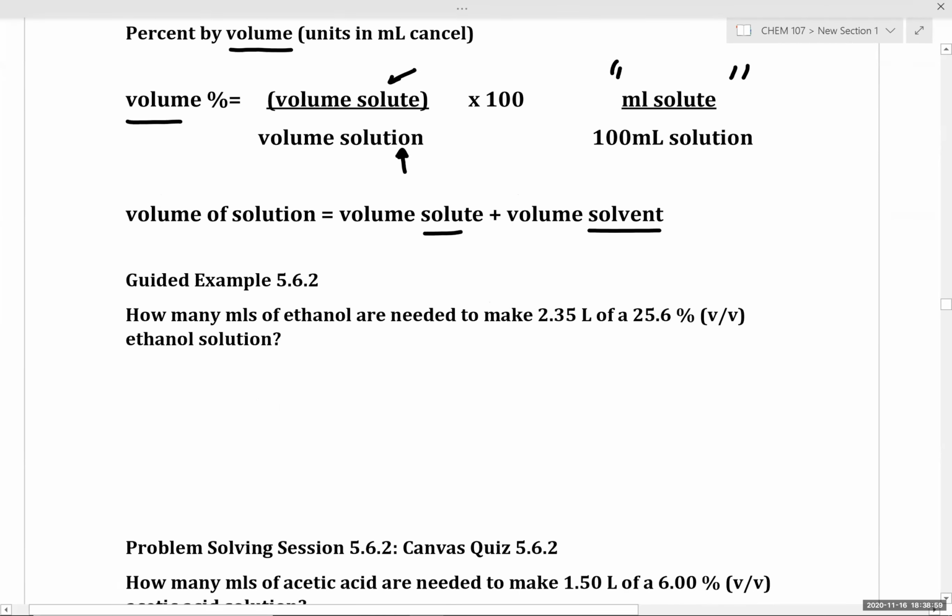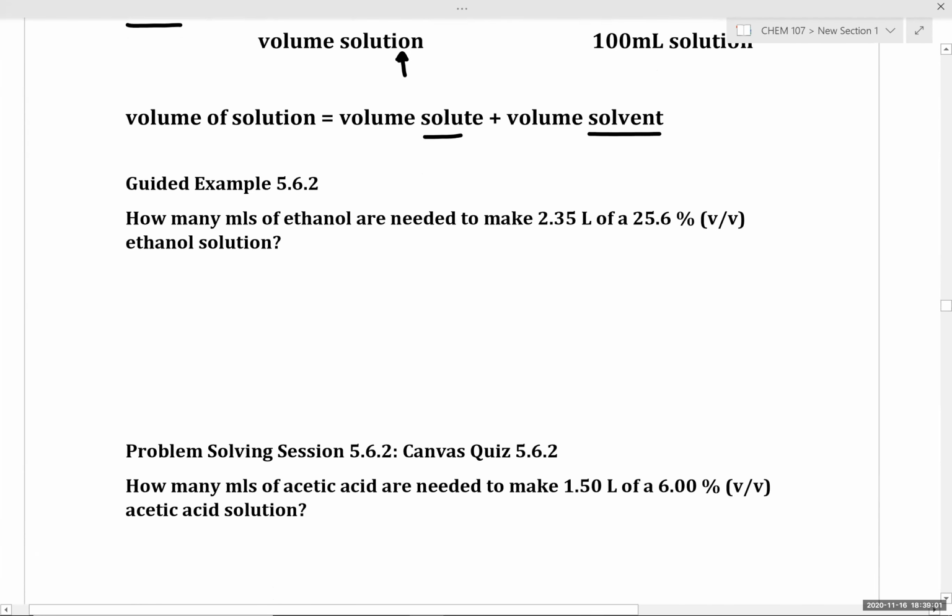So let's look at an example. In this case, we're asked how many milliliters of ethanol are needed to make 2.35 liters of a 25.6% volume over volume ethanol solution. Let's just write what we know.